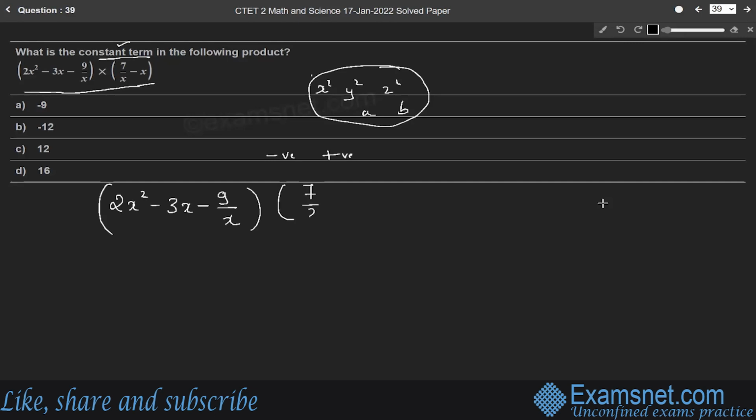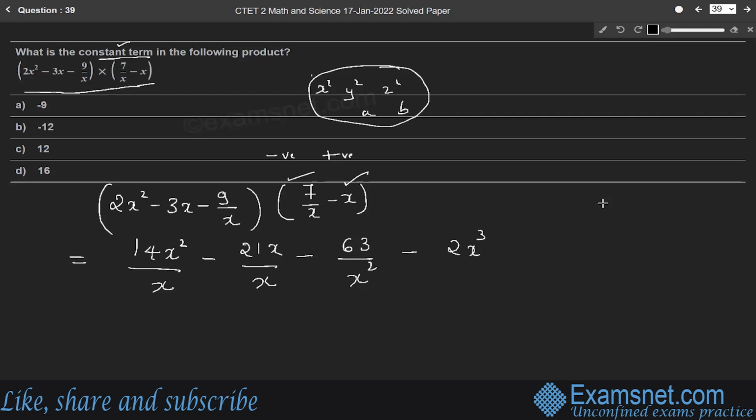Therefore, the given expression 2x square minus 3x minus 9 by x into 7 by x minus x, we can directly find the product. Let us take 7 by x first. 14x square by x minus 21x by x minus 63 by x square. Consider minus x: minus 2x cube plus 3x square minus of minus plus 9x by x.